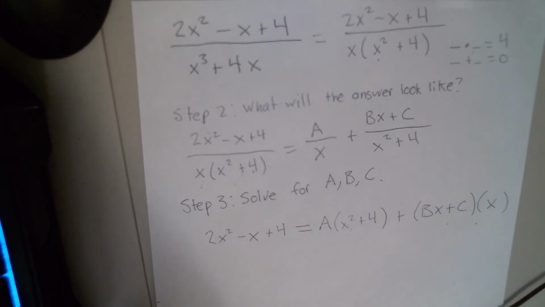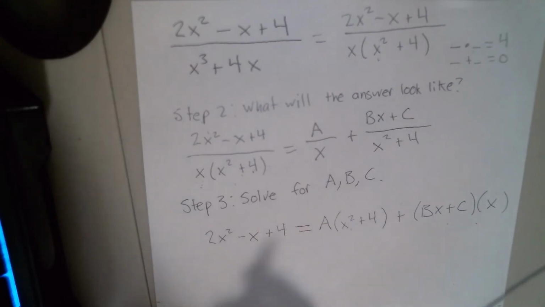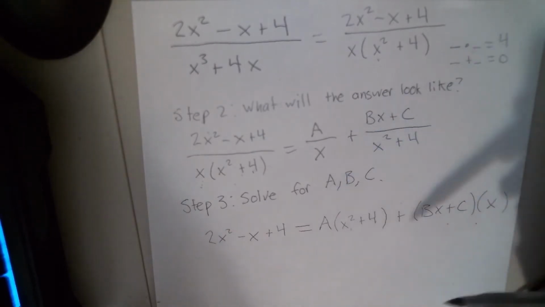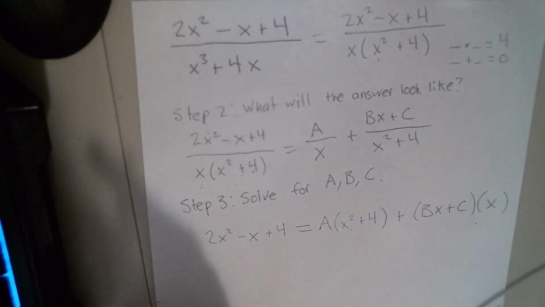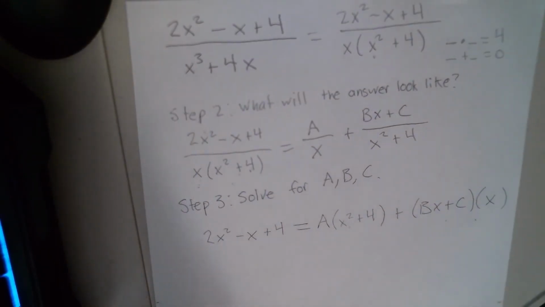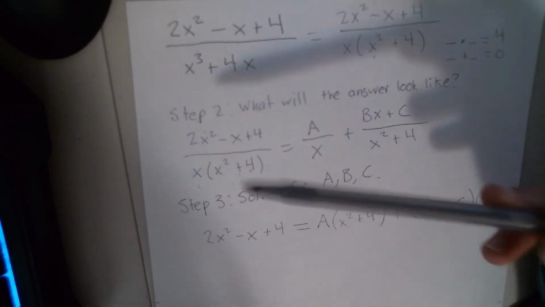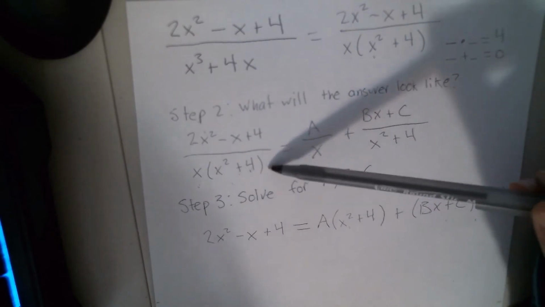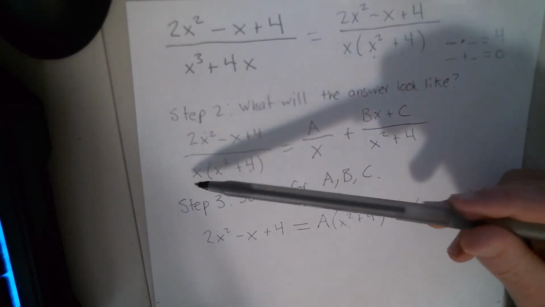So we now have an equation that I want to try and solve. I want to figure out what A, B, and C need to be. What I normally like to do with this is plug in numbers to find out what my variables are. In general, you want to plug in values that make the bottom 0 to cancel out some of the factors.